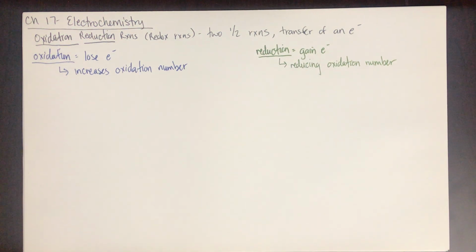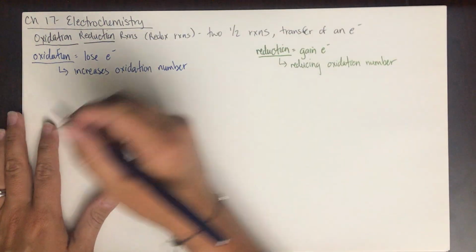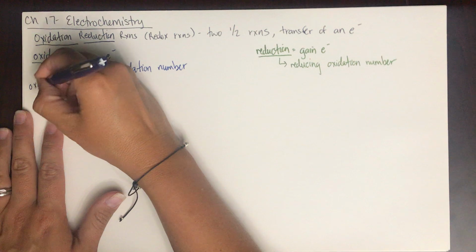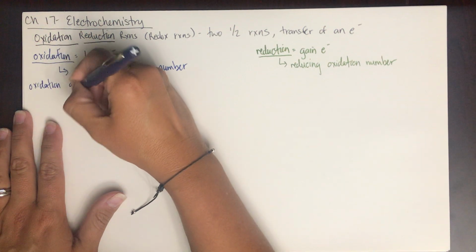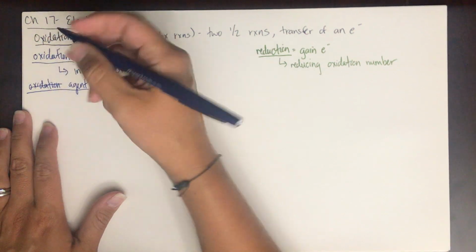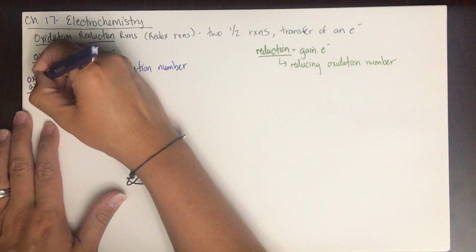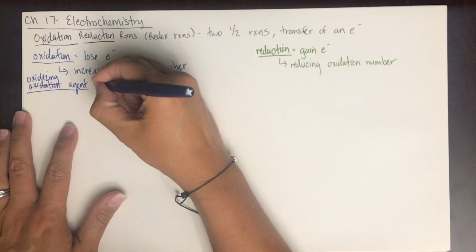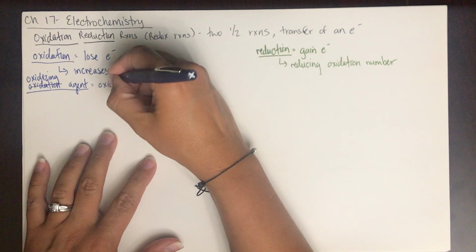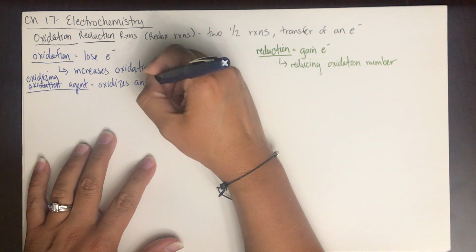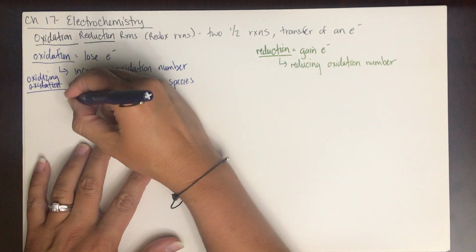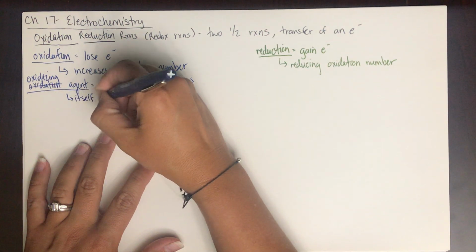Something else with the terminology here: there's oxidation and reduction half reactions, and there's also oxidizing and reducing agents. So an oxidizing agent oxidizes another species, but the oxidizing agent itself is reduced.